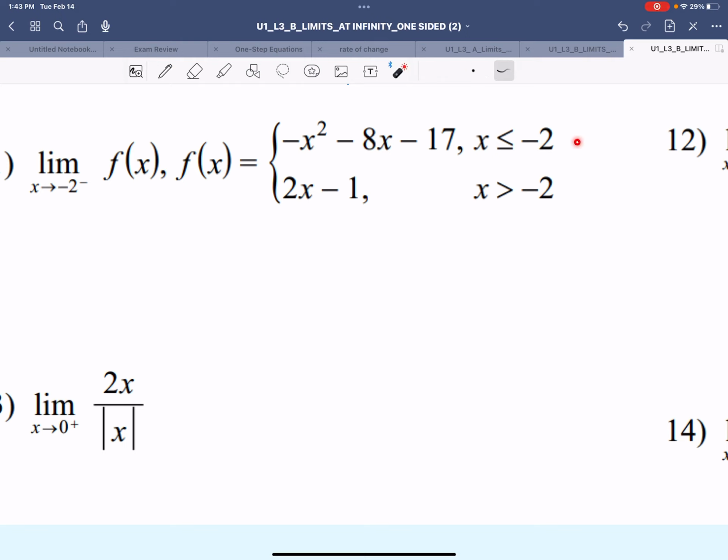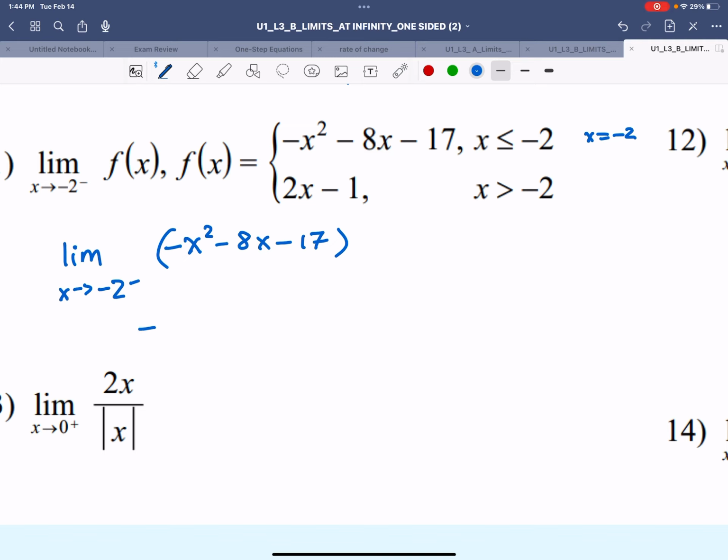So it must be less than -2. So this would be where x equals -2 is located, which means that that would be found by using the first equation. So -x squared minus 8x minus 17. And substitute x by -2.